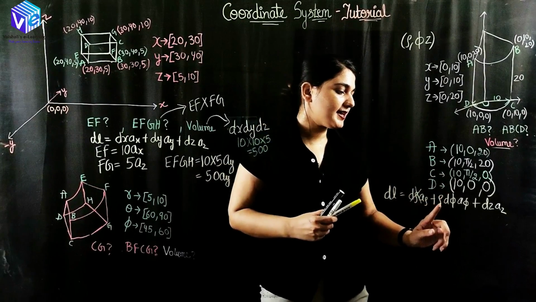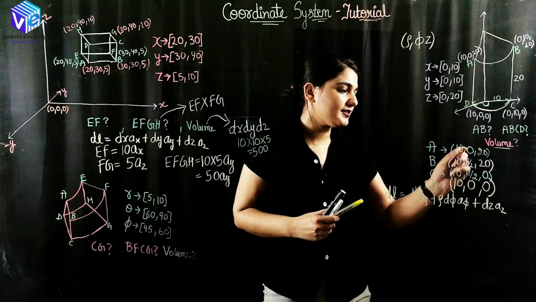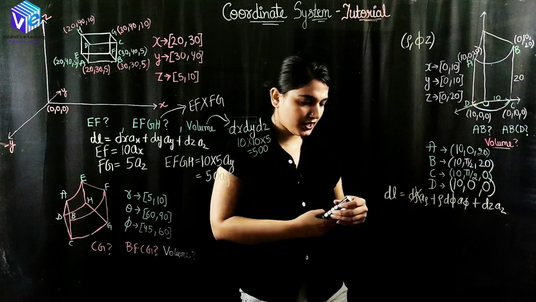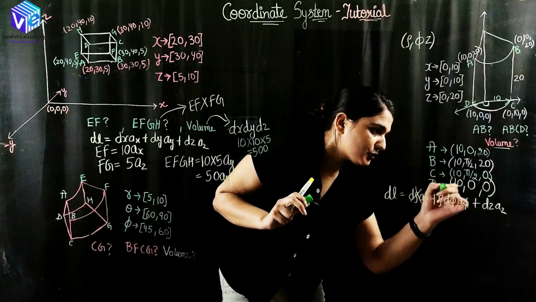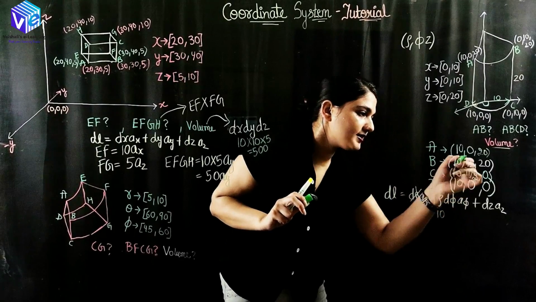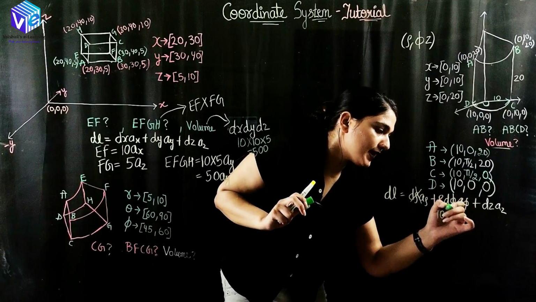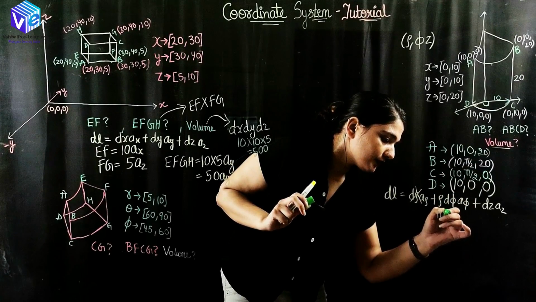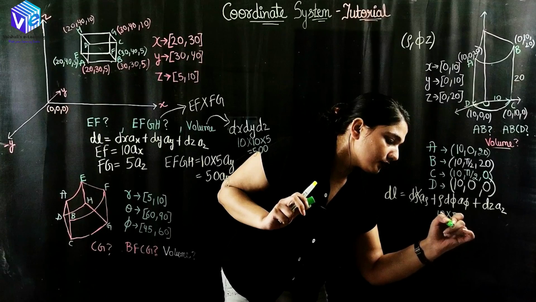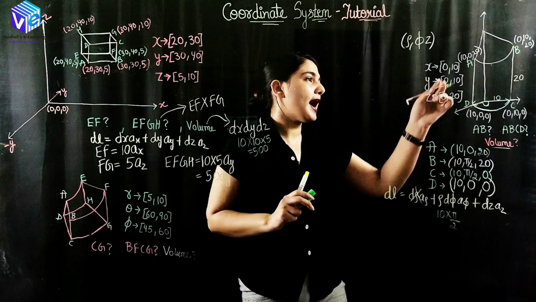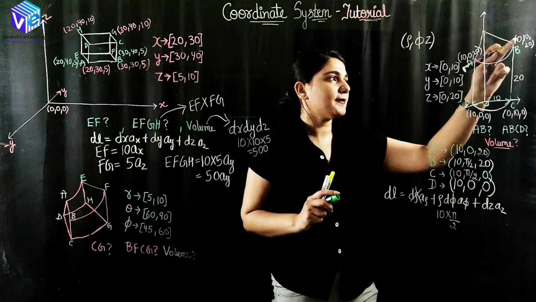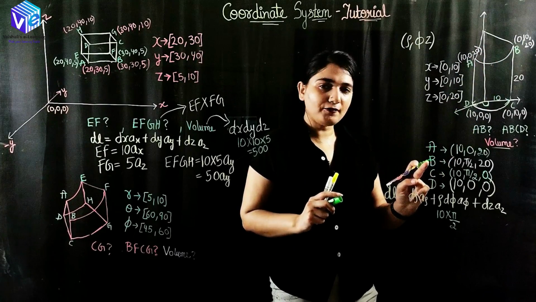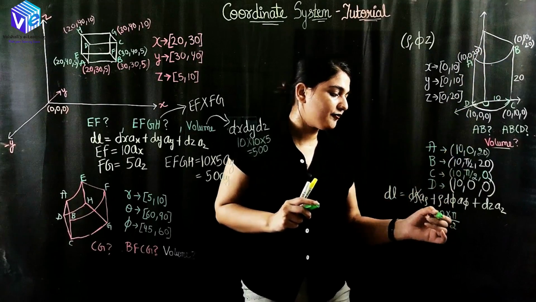Now the rho d phi term. What is d phi? D phi has changed, so I write down the change. Rho is 10. D phi is pi by 2 minus 0, which is pi by 2. I have moved from A to B, so I subtract point A from point B: 0 is subtracted from pi by 2.